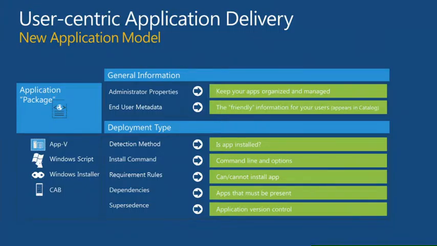This is a very interesting thing. Requirement rules, think of them as prerequisites. When you get software in a box, they list prerequisites: minimum memory, minimum hard disk. You can actually create that type of requirement rule in Config Manager now. You can define those requirement rules by saying the client should have minimum memory, minimum hard disk space, all kinds of things.